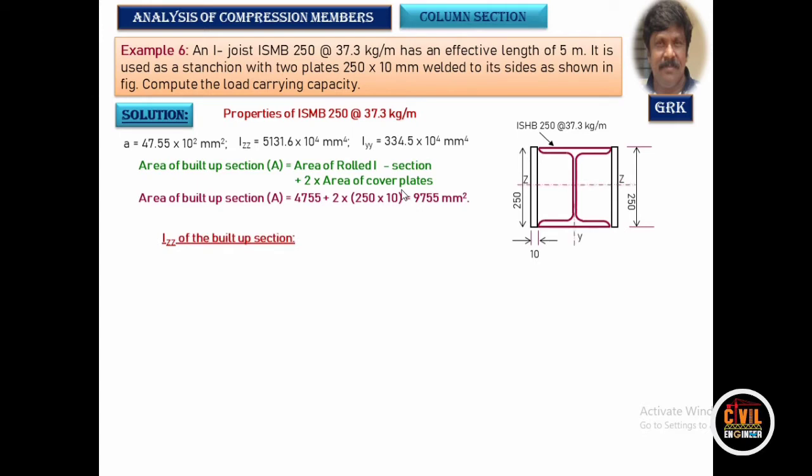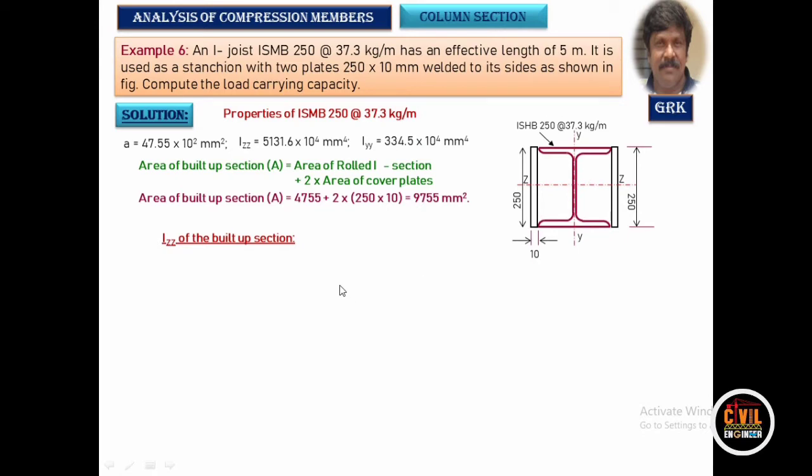Now let us find out the moment of inertia of the built up section about the ZZ axis and YY axis. For the ZZ axis, there is no need to apply any parallel axis theorem. When you want to calculate about the YY axis, we have to apply the parallel axis theorem for these two plates, transferring the moment of inertia of this plate from here onto the YY axis.